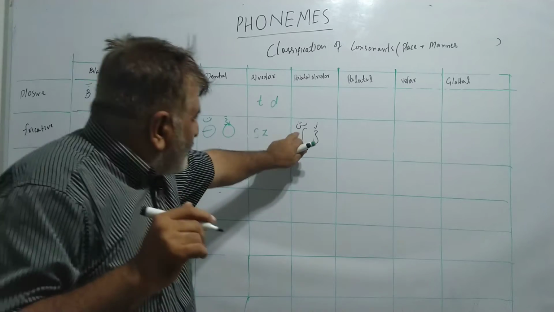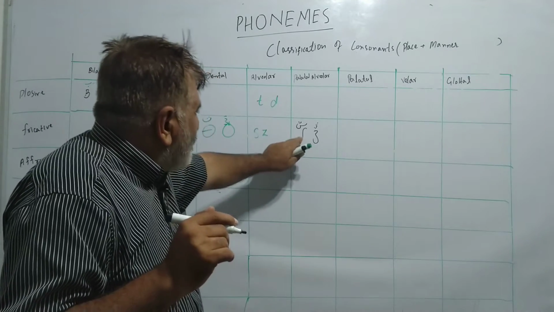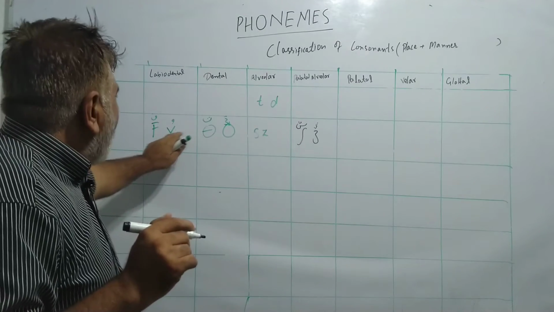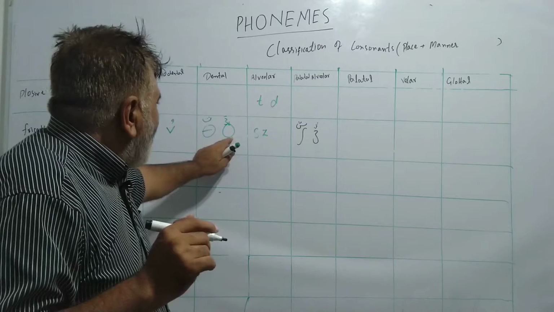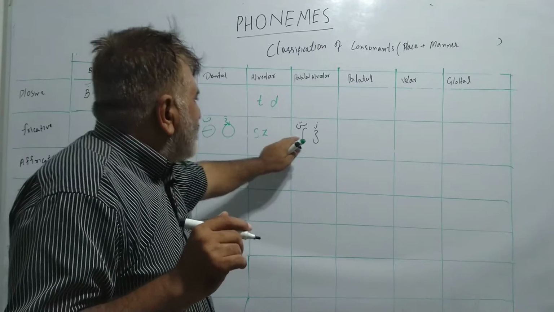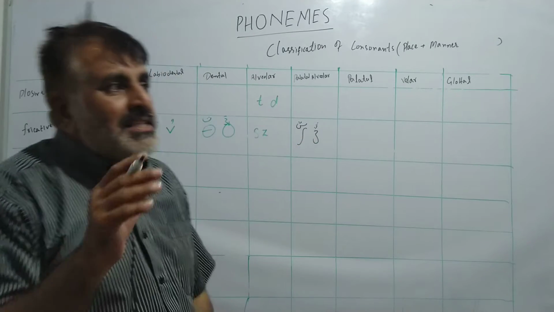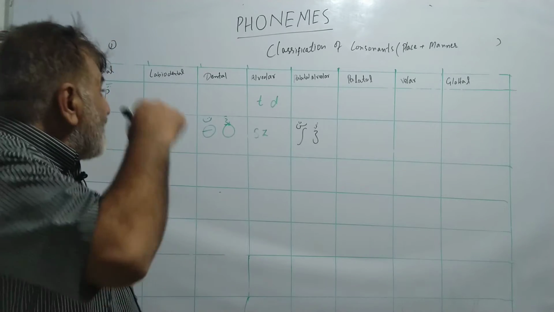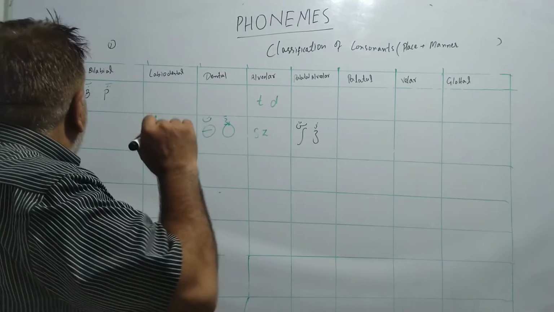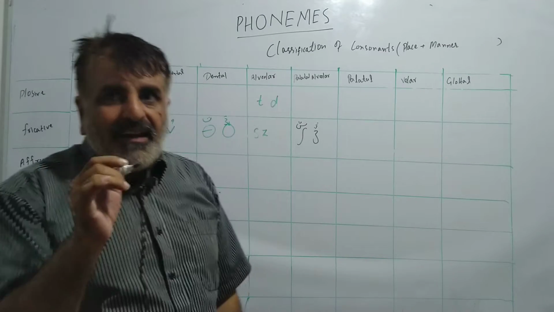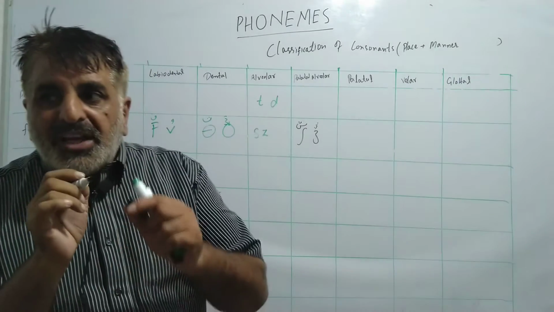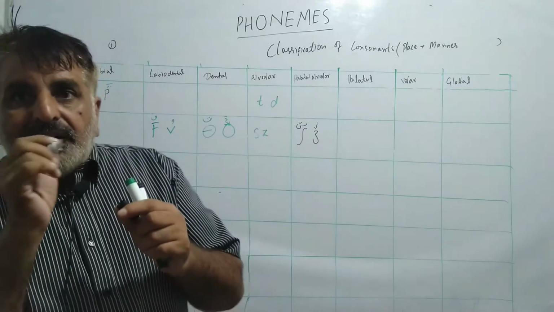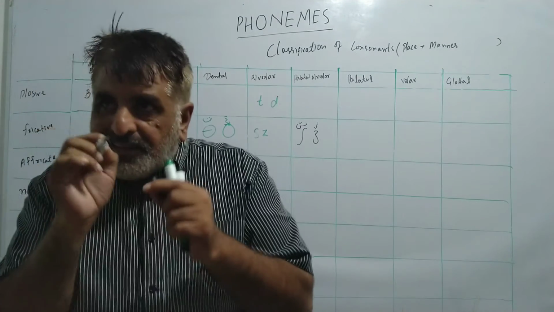Then again look here, the manner of articulation for wa, ta, da, sa, za, sha and ja is the same, because these are rolling sounds. Then we have one more manner, when we combine plosive or stop sound and fricative sound.